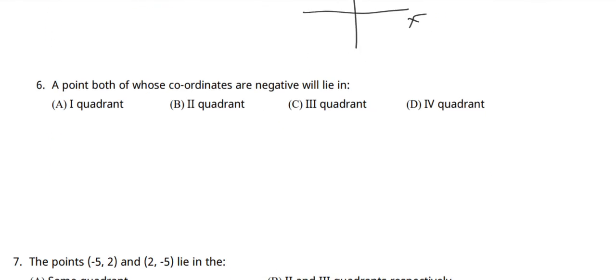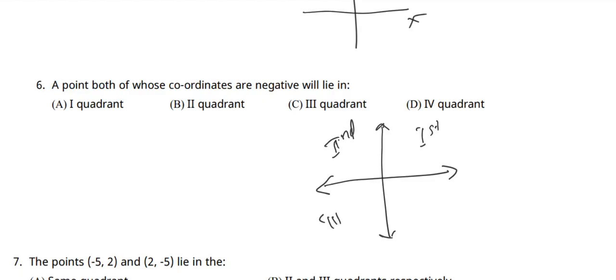A point both of whose coordinates are negative will be in, so both coordinates negative. So here you can see the first quadrant, second quadrant, third and fourth quadrant respectively. In the first quadrant, both coordinates are positive.